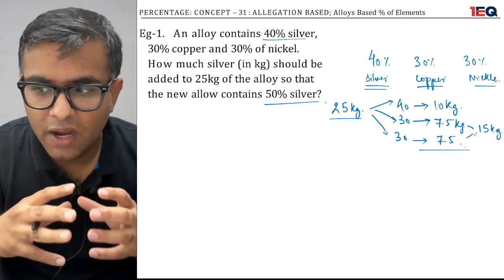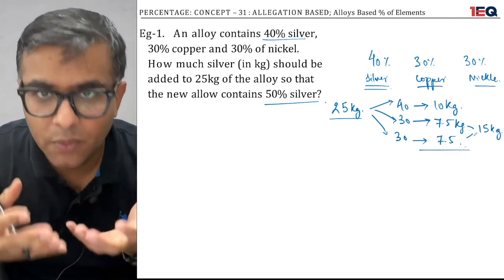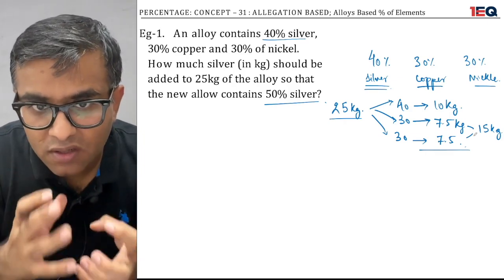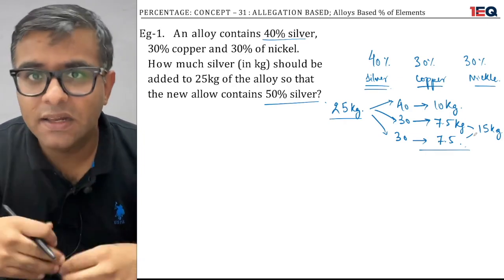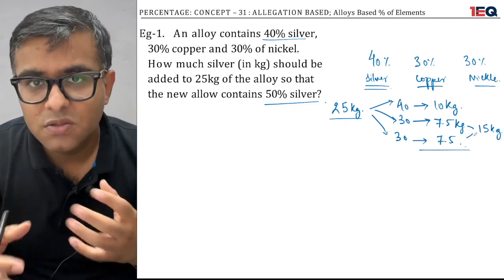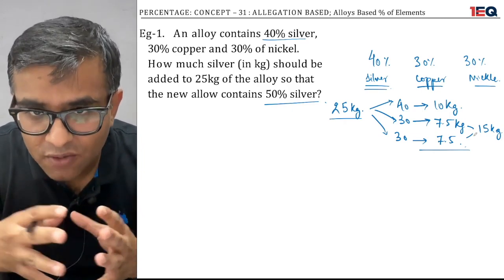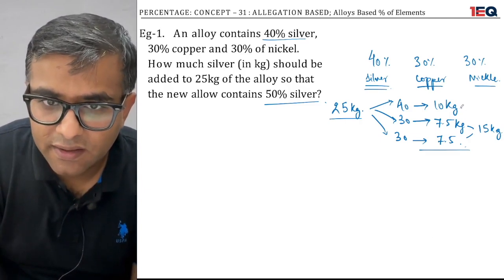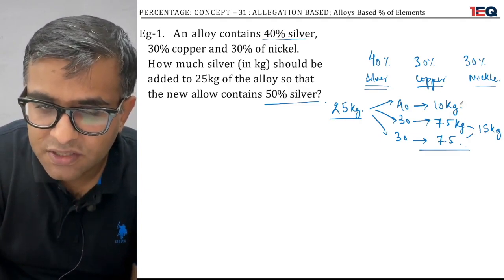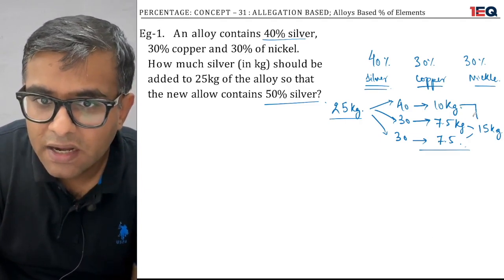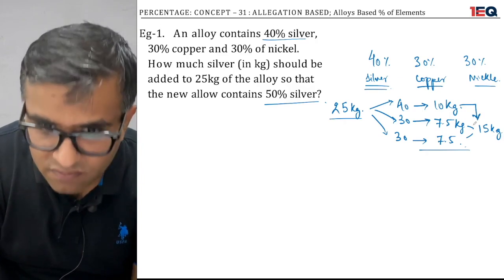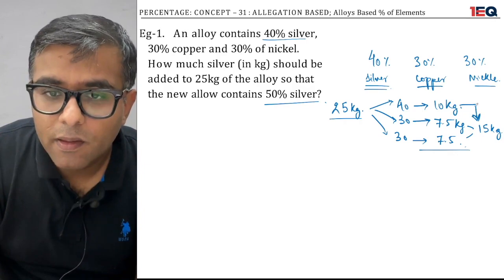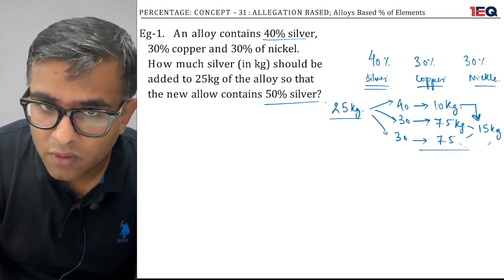If I need to add pure silver, I need to match it with the total value of copper and nickel in it. So there is some amount of silver which needs to be added, and it needs to be matched with the quantity of copper and nickel.